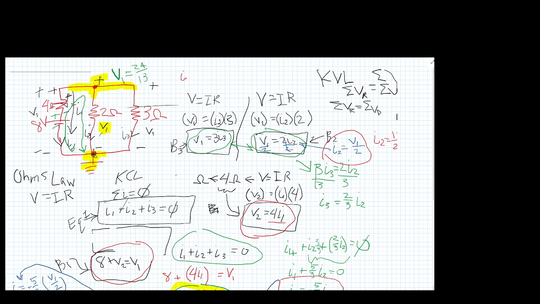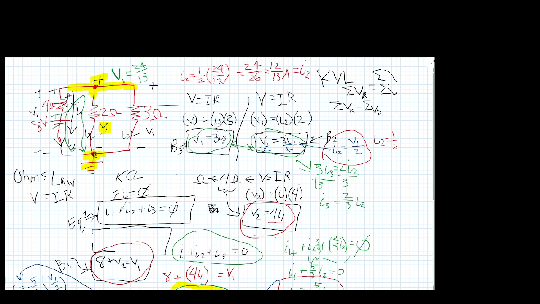Our I2 is equal to 1/2 times our V1, which is 24/13, which equals 24/26 amps. I don't like this number though. Let's put 12/13, because we're reducing it. So that's our I2.